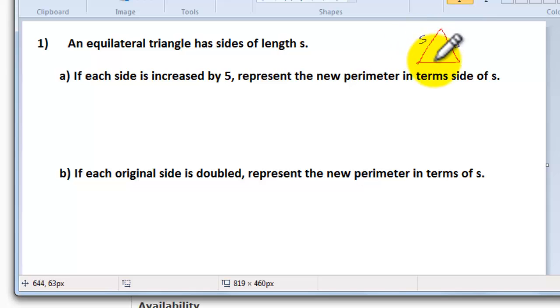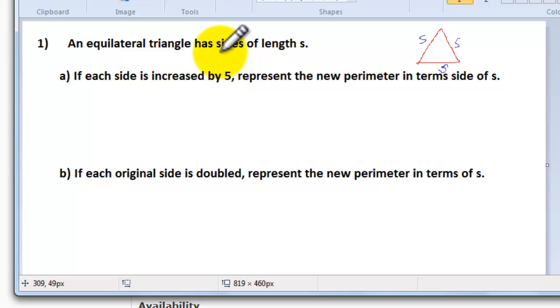I'm squishing this little diagram here. So we know perimeter equals the length of this side plus the length of this side plus the length of this side.